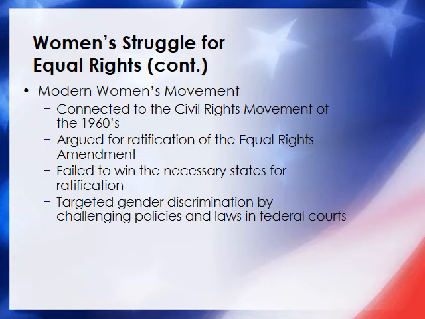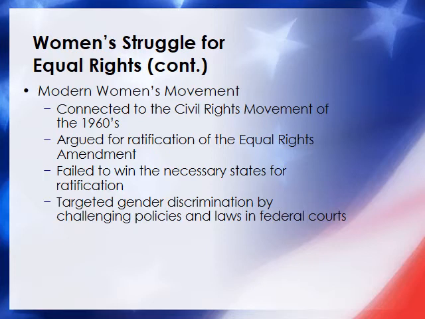As the women's suffrage movement was closely related to the abolitionist movement, so was the modern women's movement a key component of the civil rights movement in the 1960s. Their specific argument was for the need for an equal rights amendment to the Constitution that dealt specifically with the issue of gender and sex discrimination.